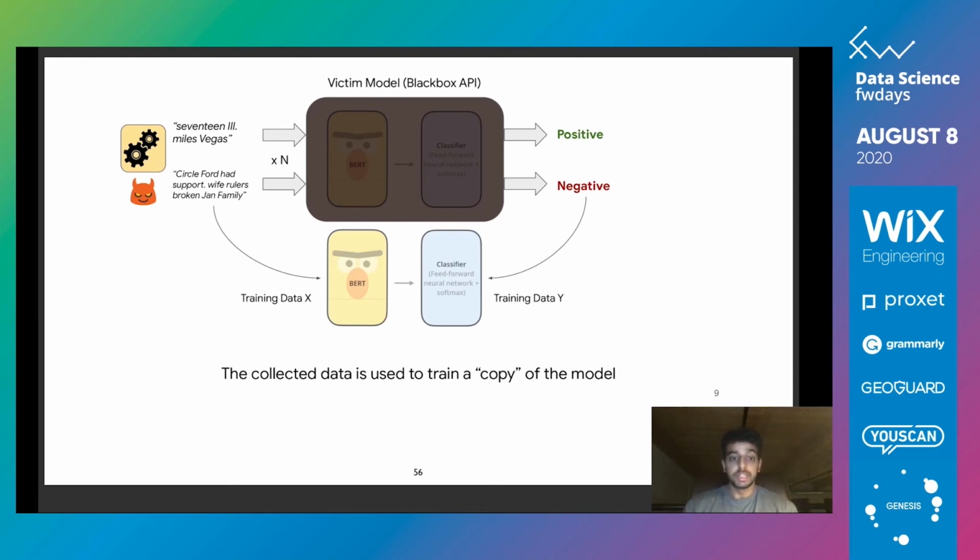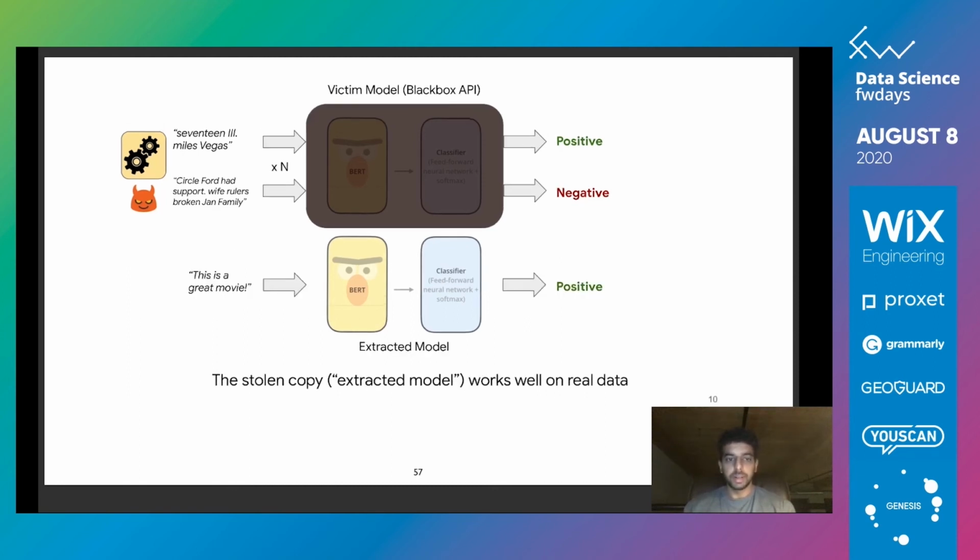It's very easy to fine-tune these things on your own data set. Actually, one of the other speakers from Hugging Face has a whole library that makes this really easy, so props. I can take my fake training set and fine-tune one of these pre-trained language models on it, and this is going to be my stolen model. It turns out that this actually works really well, despite the fact that the model has seen no real queries at all.